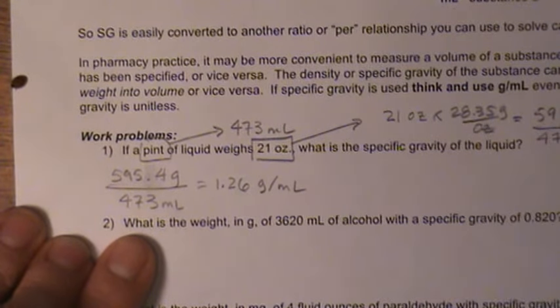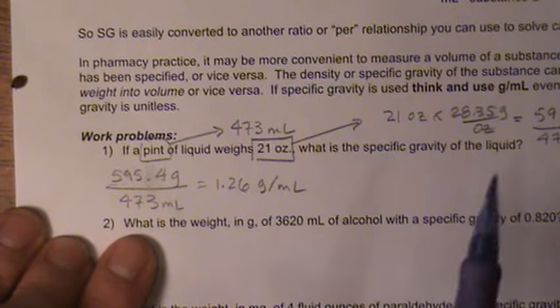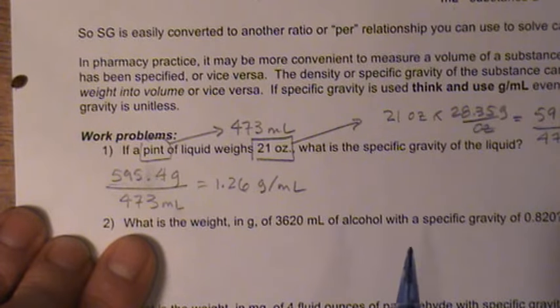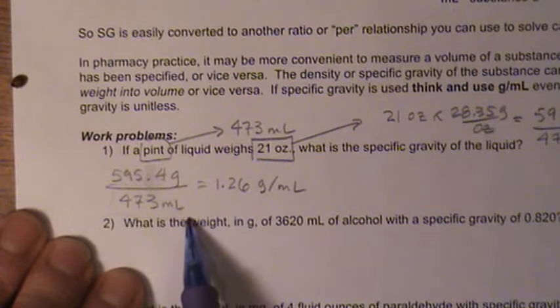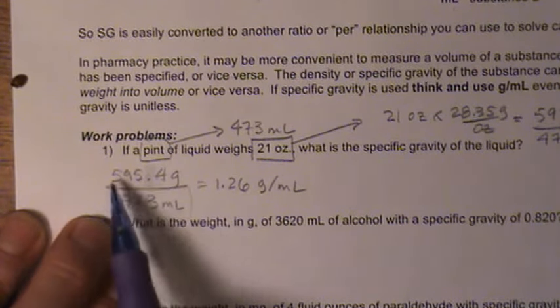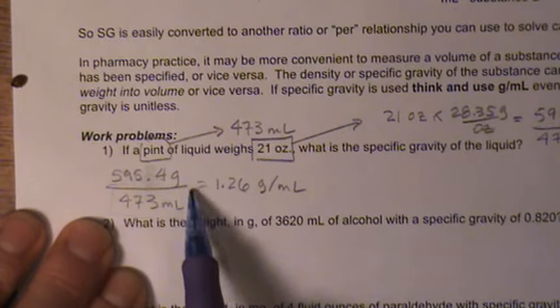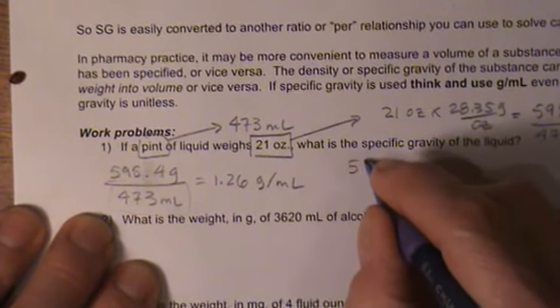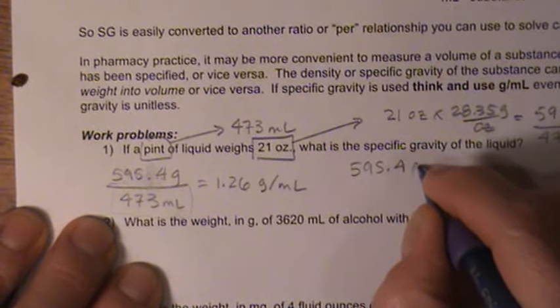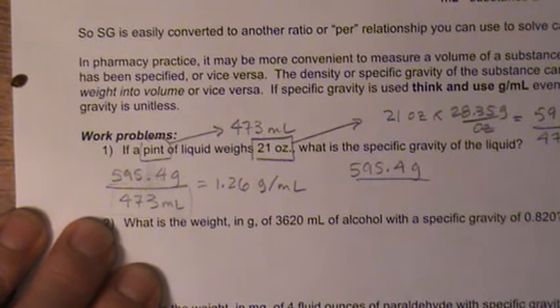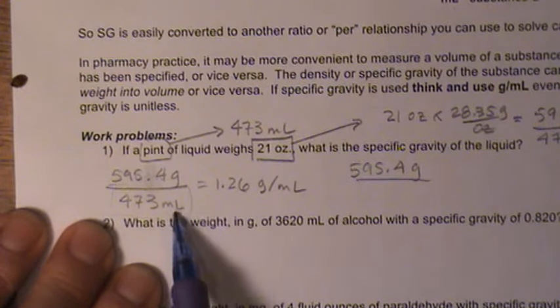Remember, density has measurements of a weight to volume measurements. But I asked you for the specific gravity. Well, also remember that the specific gravity is the weight of a specified volume of substance. So the specified volume is 473 mils, and its weight is 595.4 grams, to the corresponding weight of water for that specified volume.